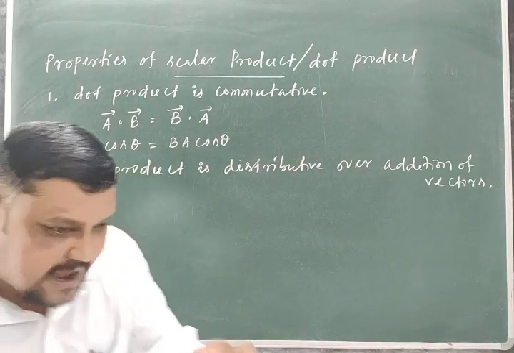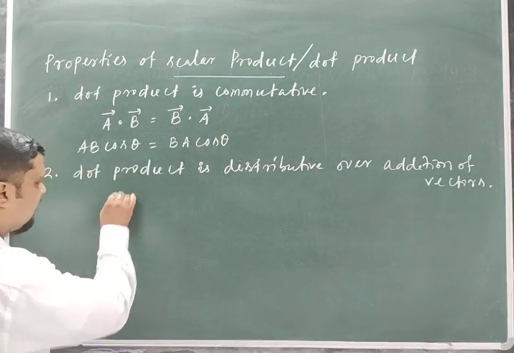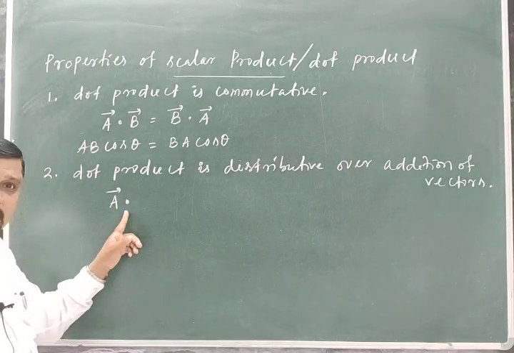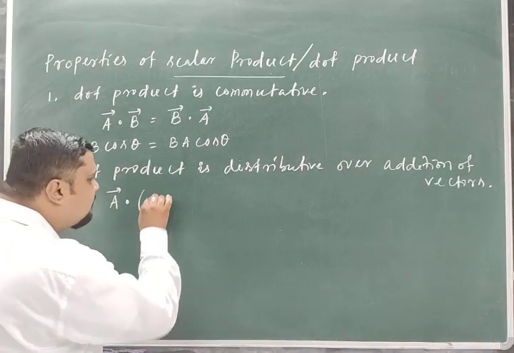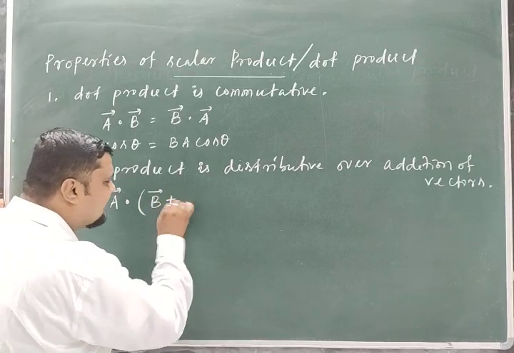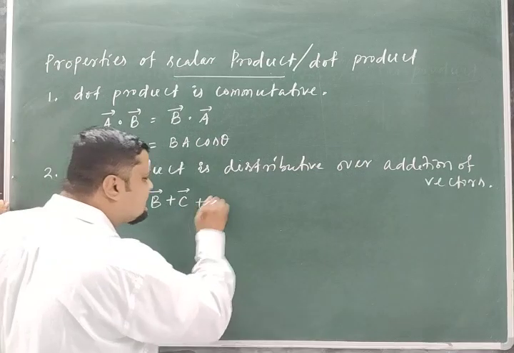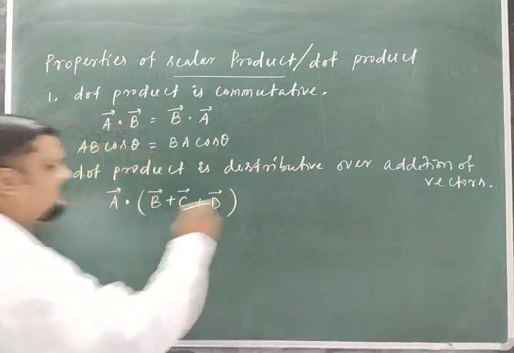It means that if you take the dot product of A with a sum of two vectors, something like B plus C, this is the addition of vectors.